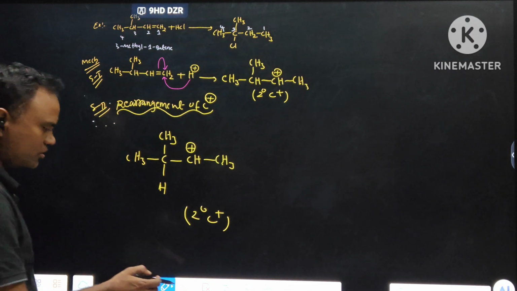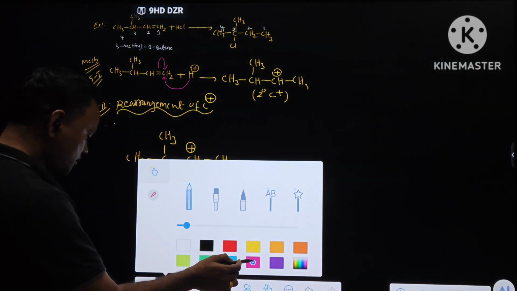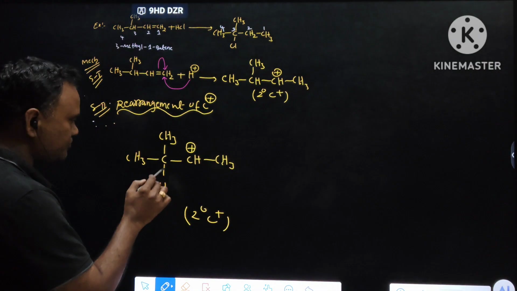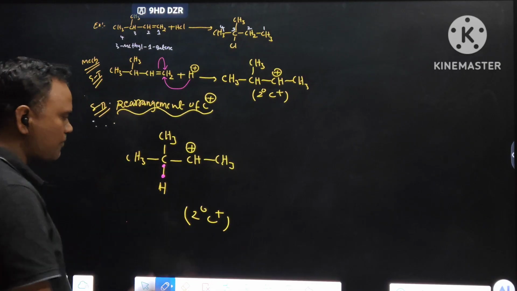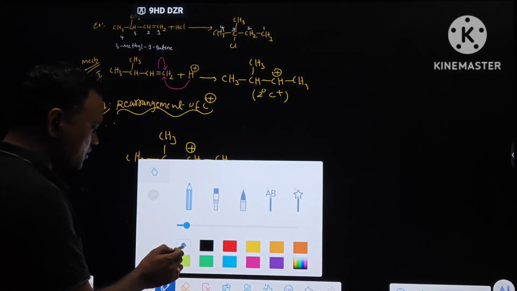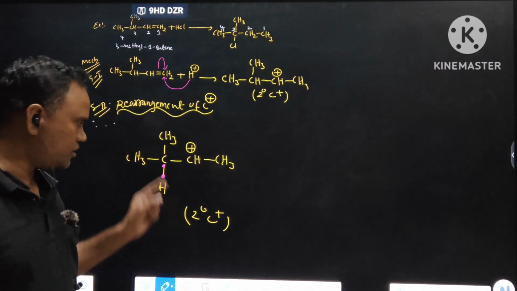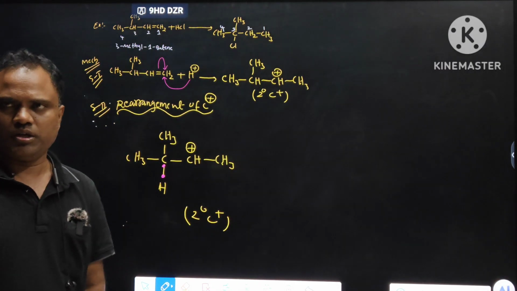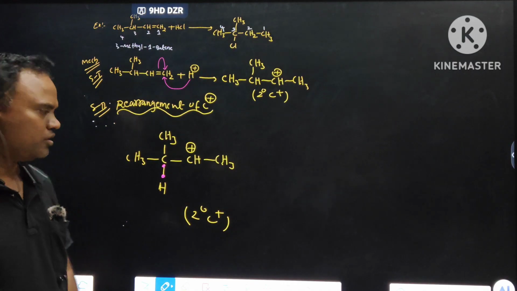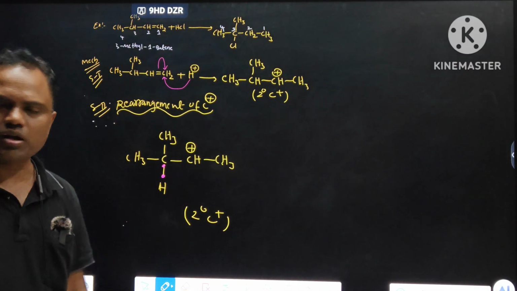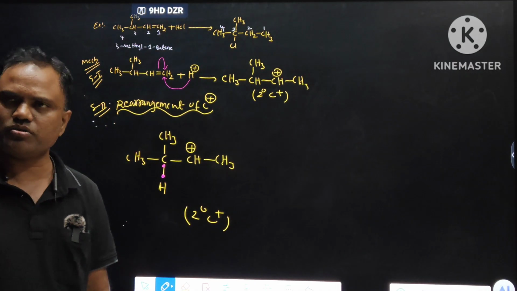Right, here, look at this. I am representing the carbon hydrogen bond with 2 pink color electrons. These 2 pink color electrons belong to carbon and hydrogen. One pink color electron belongs to carbon, another pink color electron belongs to hydrogen.